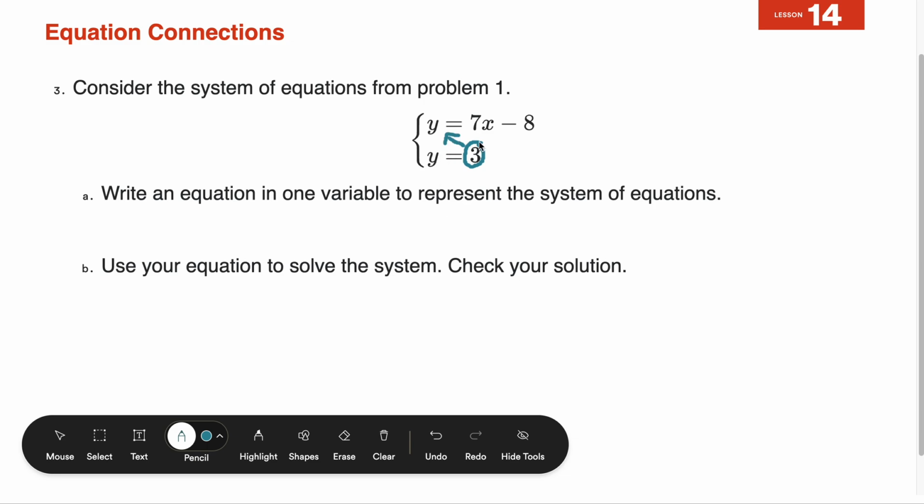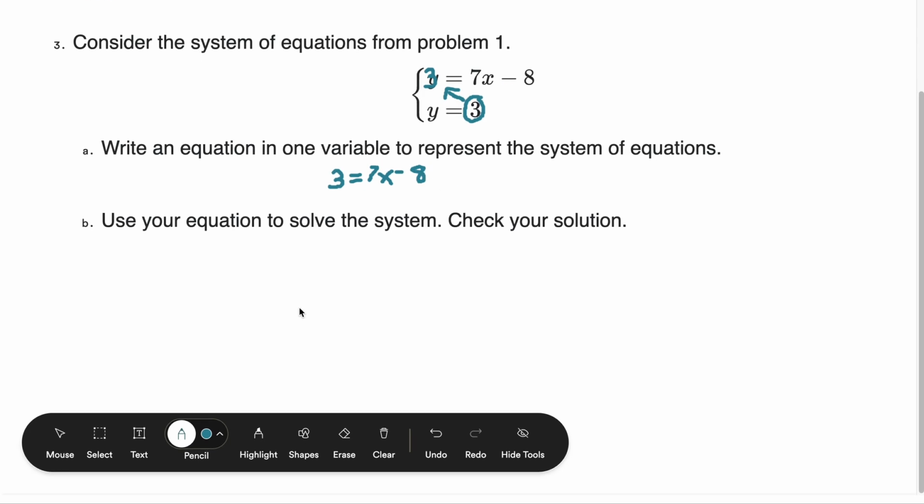So if y is 3, in my first equation, instead of writing y, I can literally write 3 and rewrite my equation. So writing an equation in one variable would give me 3, because I don't have y anymore, equals 7x minus 8. And now we can use this equation to actually solve.